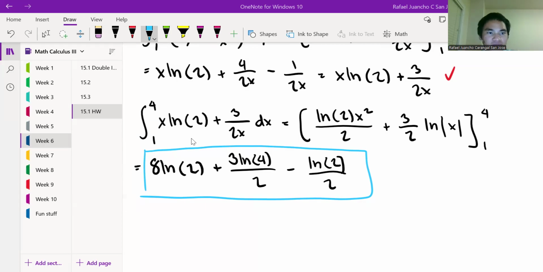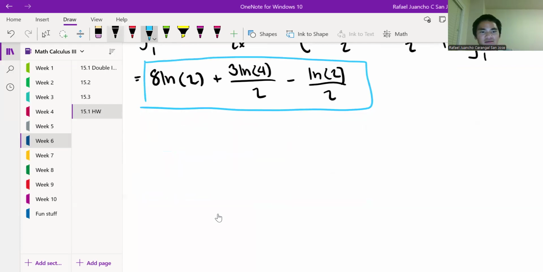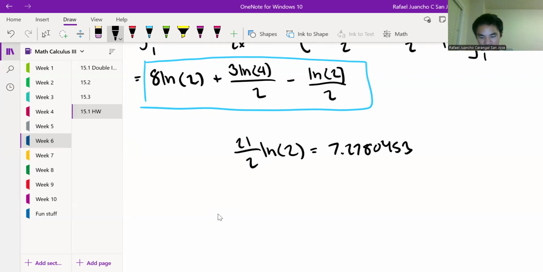See if we did get it though. I hope we got it. Oh shoot, it is some number. 21 over 2 ln 2. Can I simplify it nicely like that? Wait, let me see. Can't do that. Wait, it should give me the same number, right? What's this? Okay, it gives me like 7.278045396.